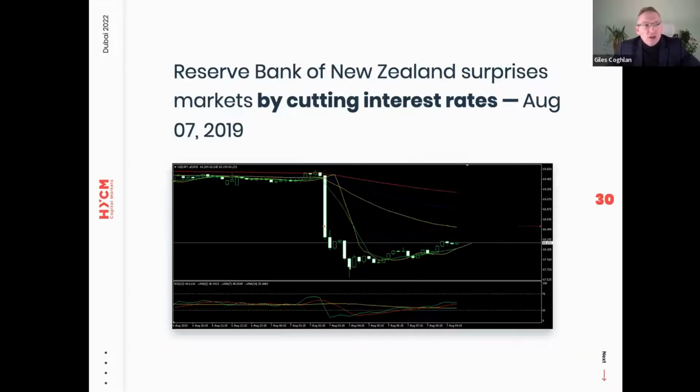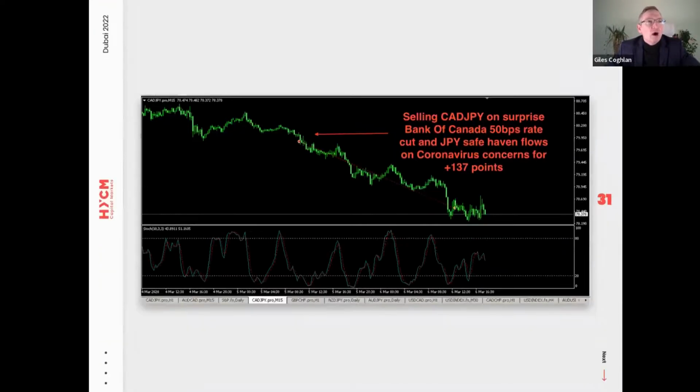Trades like this for a professional trader are very nice to trade because you're expecting one direction and you can use leverage and you can make those trades really count. Here's one during COVID where the Bank of Canada surprised markets and they cut interest rates by 50 basis points. So that was a surprise. And you can see here that the Canadian dollar Japanese yen pair fell 137 points.